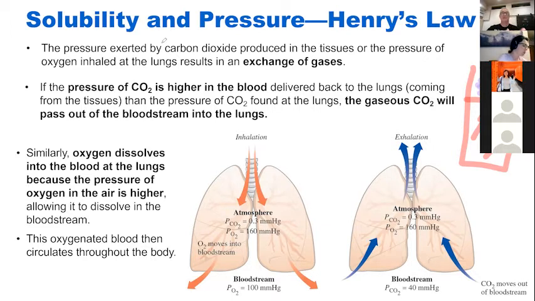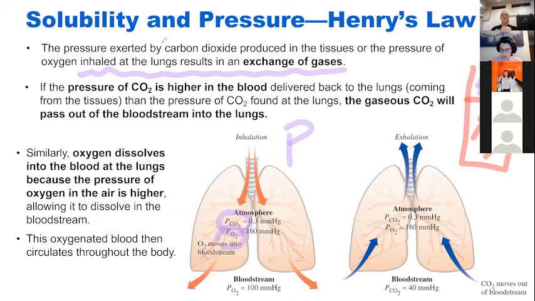So where that's important is in exchanging gases in the lungs and breathing. When we breathe in, we now have a higher, and this is called P for partial pressure, the pressure of oxygen and the pressure of carbon dioxide.